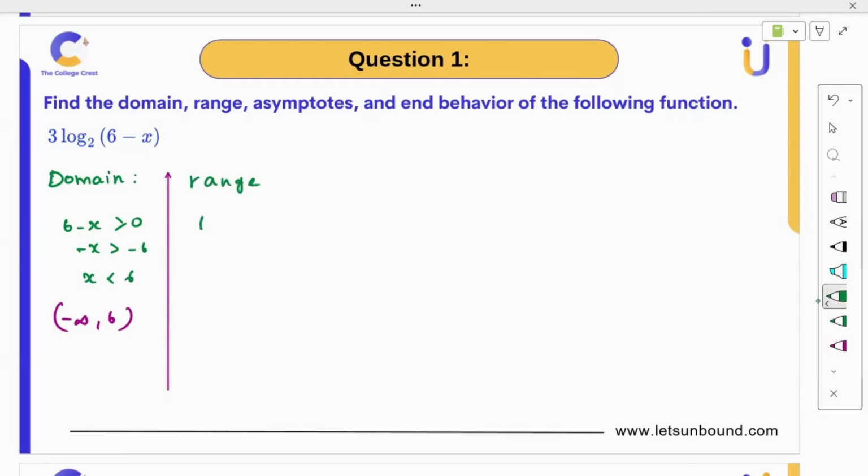Or you can check: 6 minus x is greater than 0. When you apply log base 2 on both sides, that is also greater than 0. When you multiply by 3, it will also be greater than 0. So it will never become negative or something.